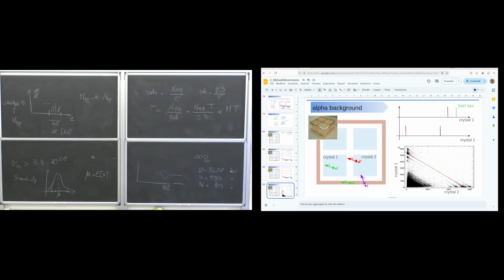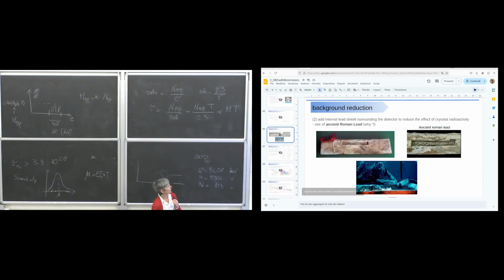No, okay, I have a few slides on Roman lead and I can show you, and then we can go deeper if you want to. So let me. Okay, so this is the Roman lead.